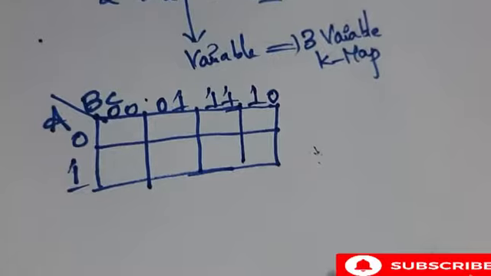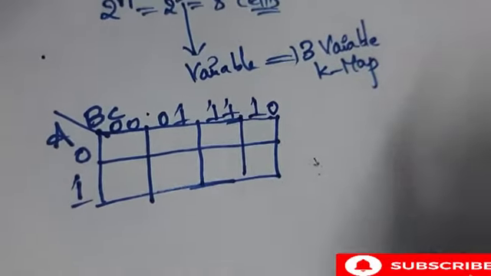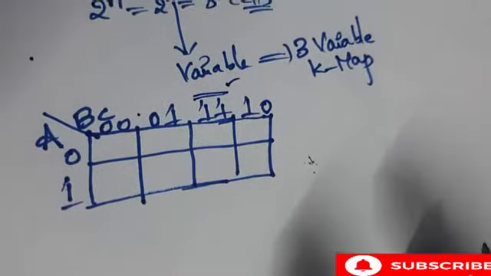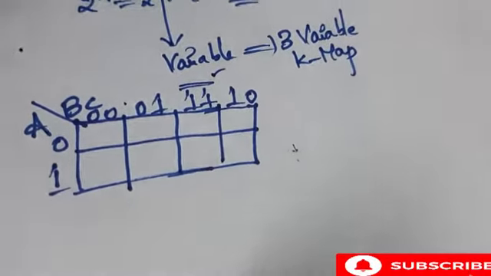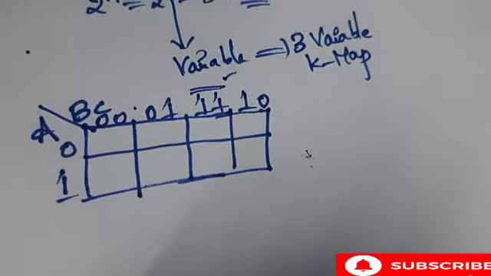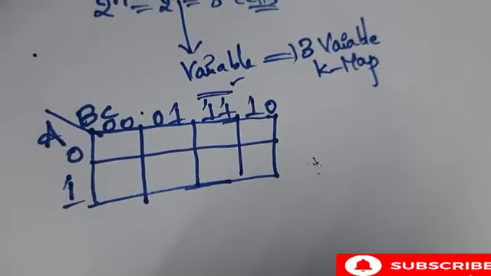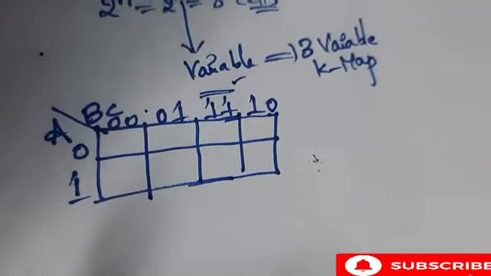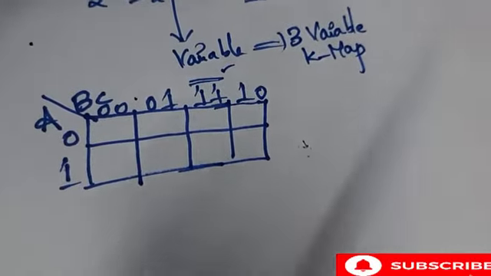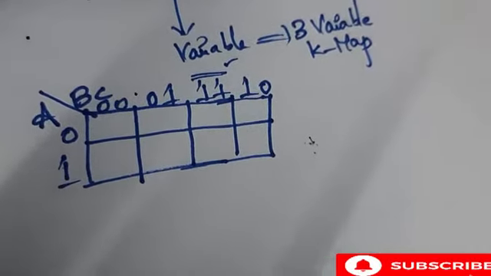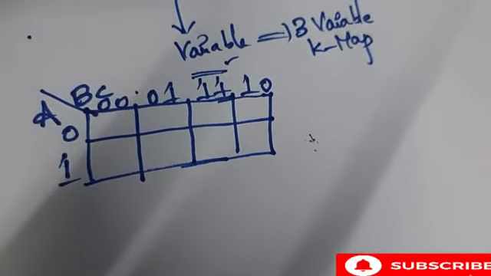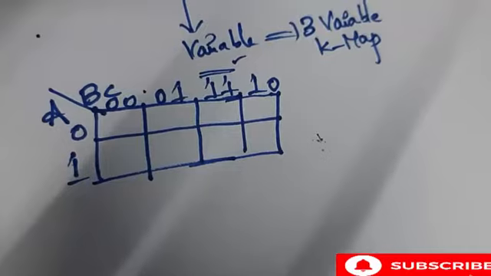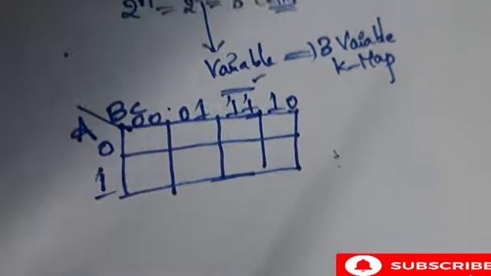Many of you have the doubt why 1 1 comes here, not 1 0. It is because it follows the Gray code. You already know the Gray code. The difference between successive codes is one bit in the Gray code. That's why we follow the Gray code in the K-map.